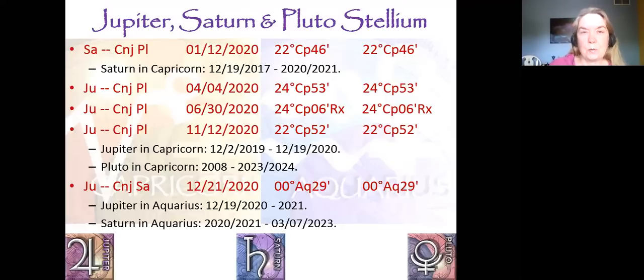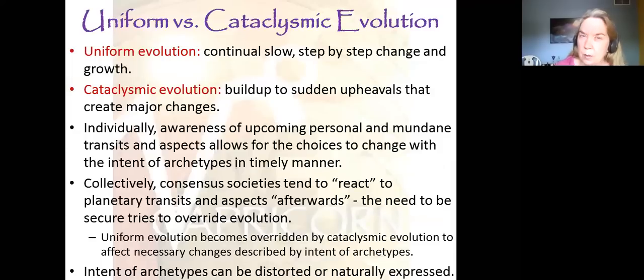First of all, I want to just refresh ourselves with how evolutionary astrology looks at evolution. You can see here on your screen that we have basically 2 types. Uniform evolution is that slow step-by-step growth. The baby becomes the toddler, the child, the teenager, the adult, etc. We also have what's called cataclysmic evolution.